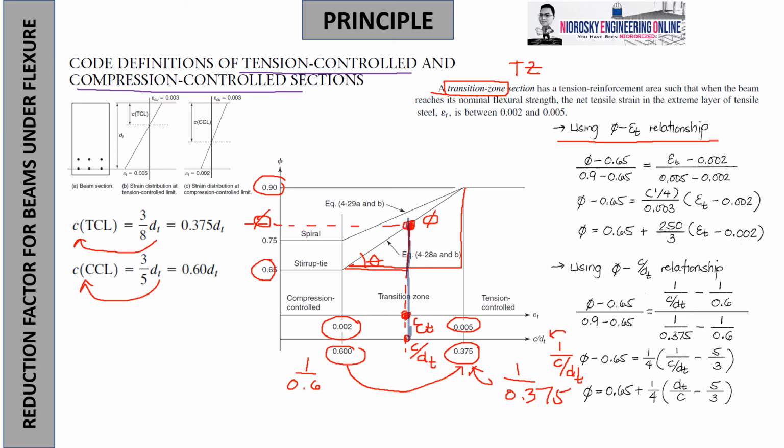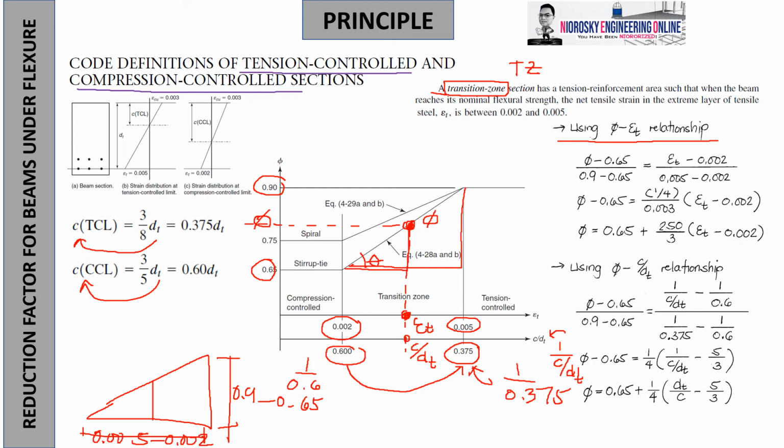So, therefore, by relation, what will happen is phi times 0.65 over 0.9 minus 0.65. Parang nagamit lang ako ng relation ng triangle. So, parang ganito po siya. Ayan. So, parang binawas-bawas ko. So, therefore, meron kaya yung relation dito na 0.9 minus 0.65. Okay? So, sa baba, yung sabihin na natin na extreme limit of 0.005 minus 0.002.